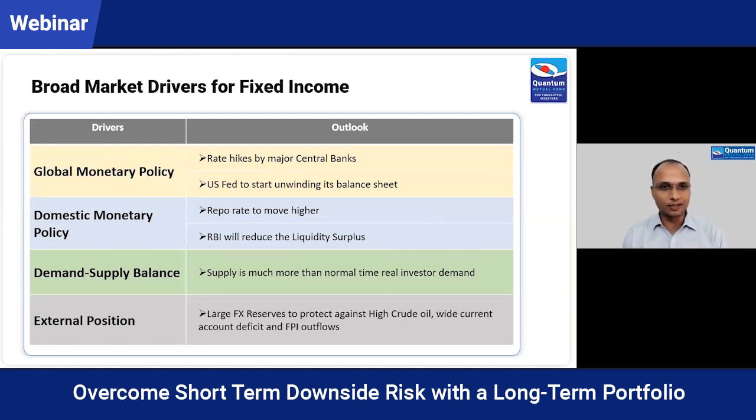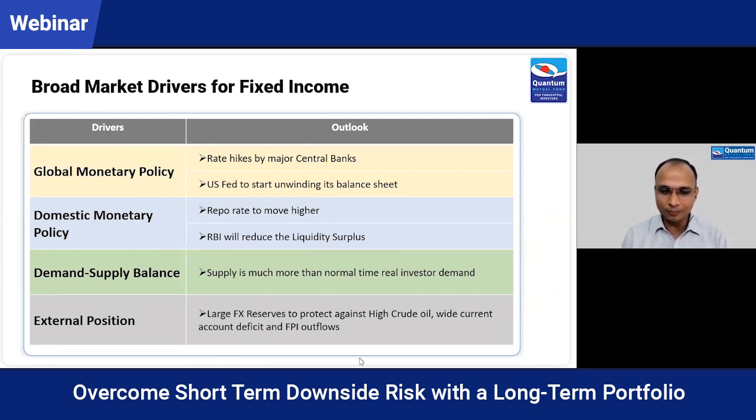As far as external position is concerned, we have some comfort from high FX reserves. So RBI has close to $600 billion of foreign exchange reserves, which they built over the years, but mainly in the last 2 years when we had big FX inflows, foreigners putting money into India through FDI or FPI.